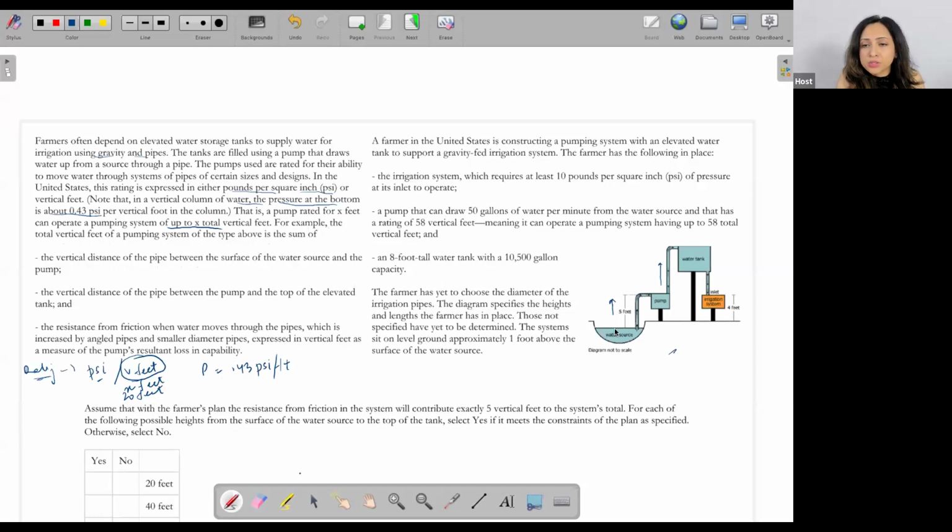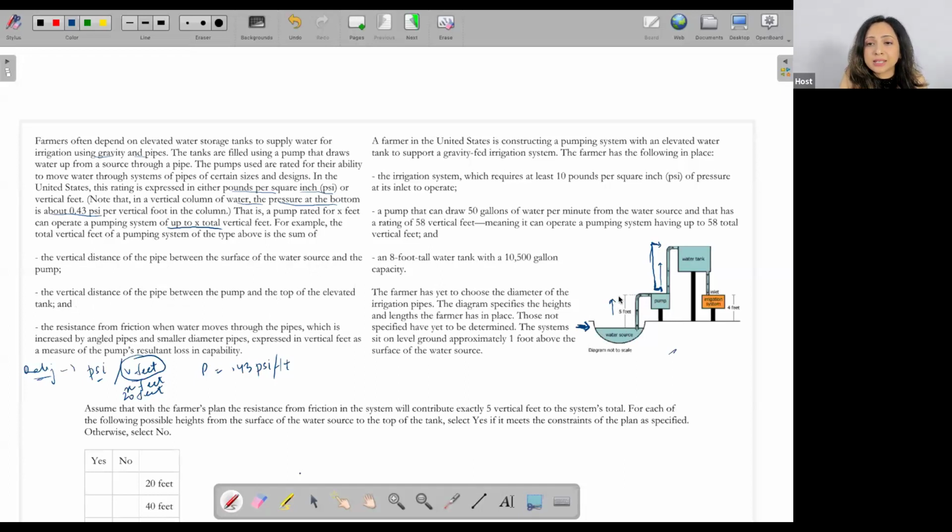and the pump. So look, this is my surface of the water source. Look at this diagram that we have. So this is the surface of the water source, and then this is the pump. They are saying the vertical distance of the pipe between the surface and the pump, the vertical distance of the pipe between the pump and the top of the elevated tank, from the pump to the top of the tank, right?